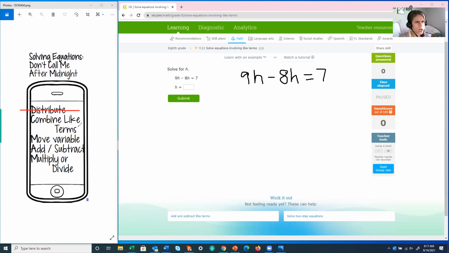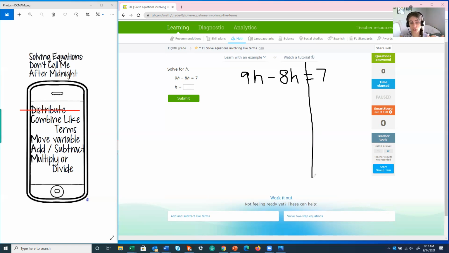Well, before I go and combine like terms, I'm going to draw a line through my equal sign. Because when we're combining like terms, we're focusing only on one side of the equation. So you want to know if there's any like terms within the expression, because an equation is two expressions set equal to each other.